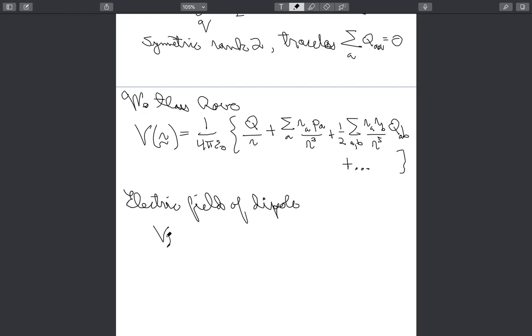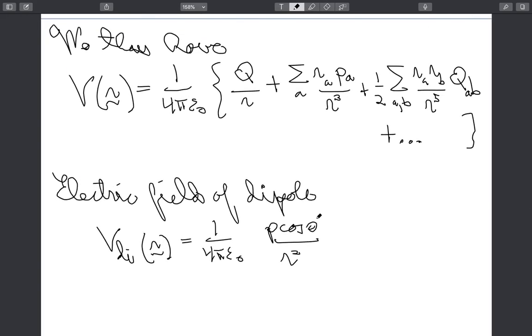We have that the potential of a dipole for a certain r is 1 over 4 pi epsilon 0 with p cos theta over r squared, where cos theta is once again the angle between the observation point and the dipole.